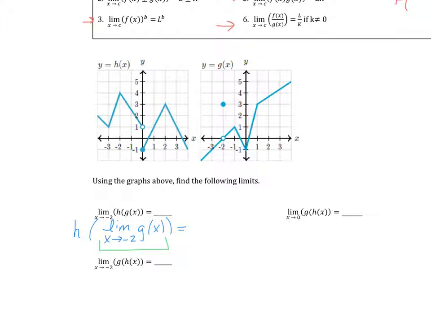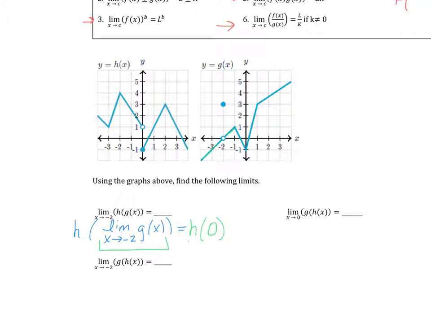What is the limit as x approaches -2? Hopefully you're an expert on that, because that's what we did yesterday. Remember, you go limit from the left, limit from the right, to see if my fingers are going to the same spot. Yes, this closed dot is irrelevant. That limit is 0. So I'm going to replace all of that with 0.